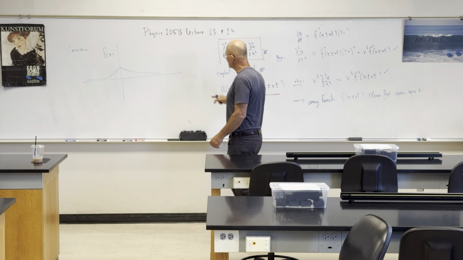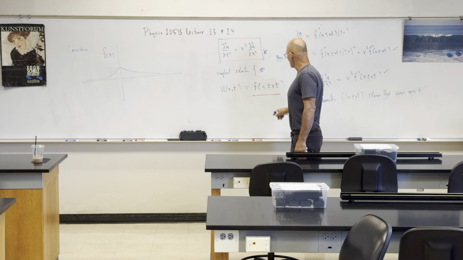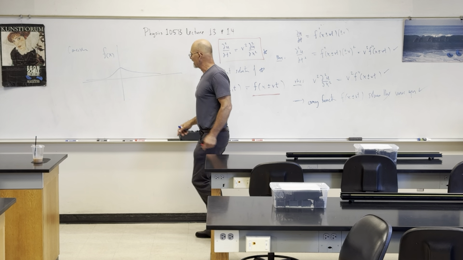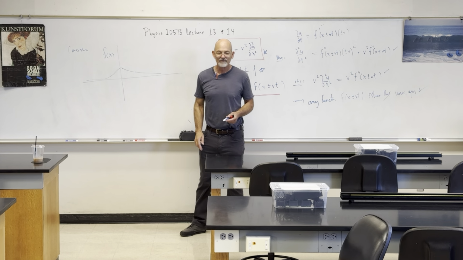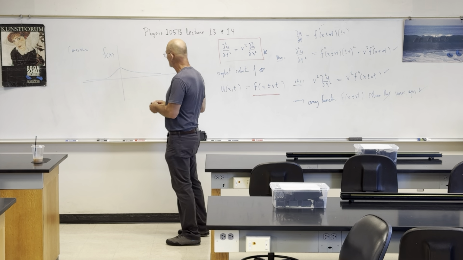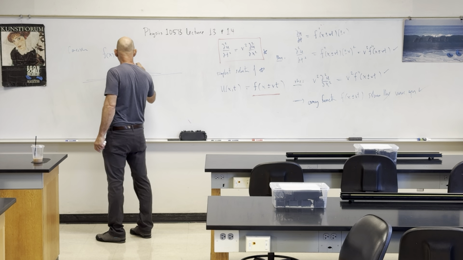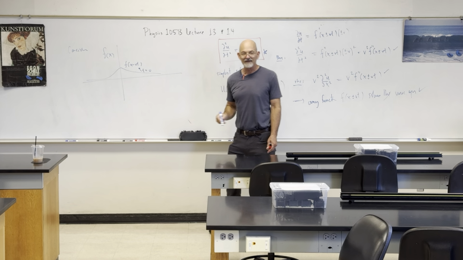Now if I replace this argument with x minus vt, then it just means that this pulse is moving with the speed v. Because suppose this is f of x minus vt, and I say t equals 0, that's just f of x.